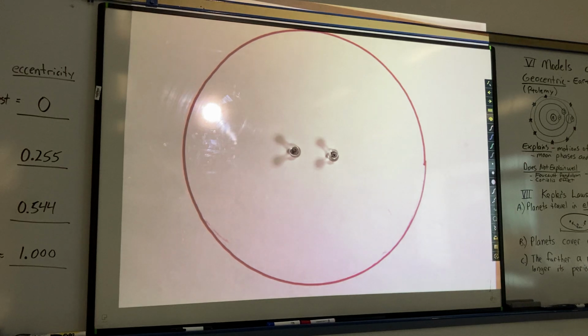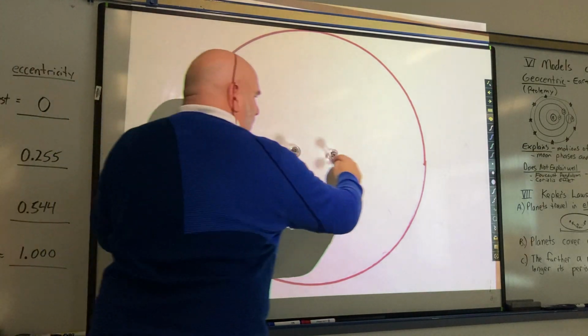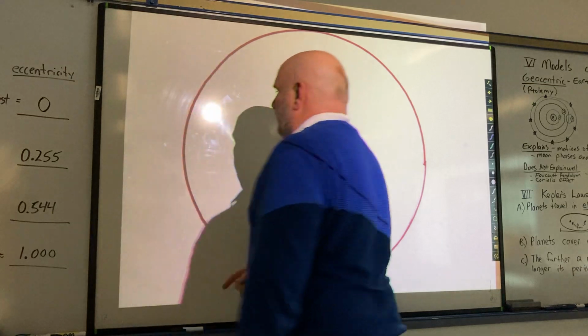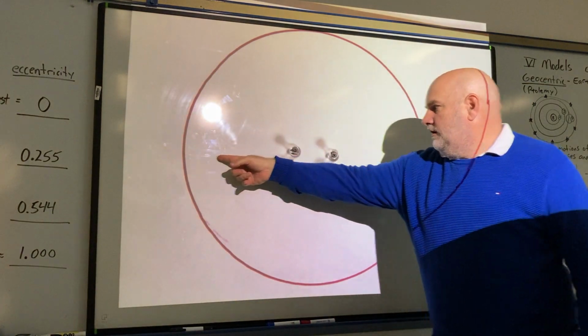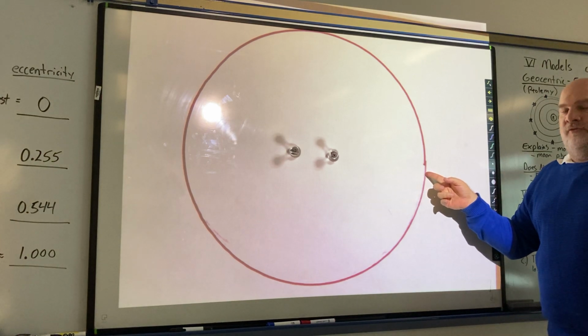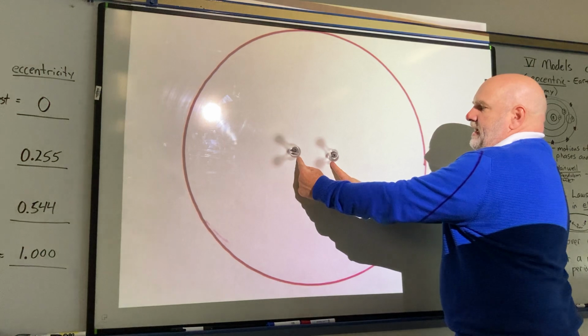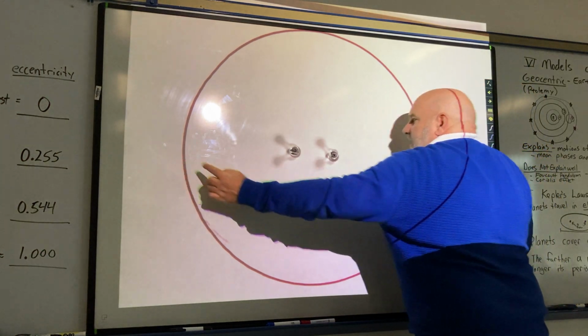So for the length of the major axis, you want to measure the distance from there all the way across to there. So that would be the length of the major axis for ellipse number 1. Distance between foci, length of the major axis.